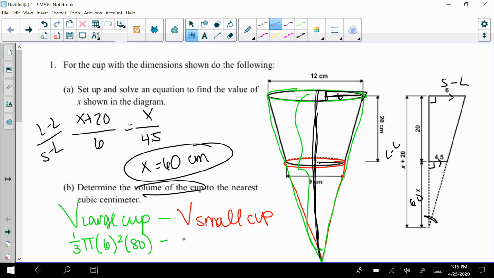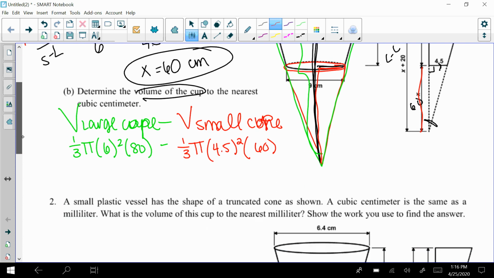Minus the volume of the small cone, I'm supposed to say cone, cone in each case, not cup. Sorry, losing my mind. So 1/3 pi, 4.5 squared is the radius of the little cone, and the height of the little cone is our x. That's our 60.